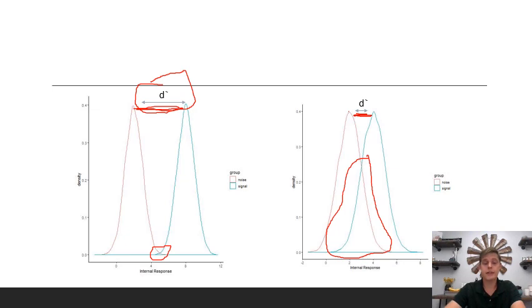Small D prime tasks might be situations where the dog is detecting explosives with very low vapor pressures, which means they're giving off very little odor. Or perhaps the detection task itself is not difficult, but the noise distribution is very, very large and somewhat overlapping with our signal distribution, because there's so much odor background noise.